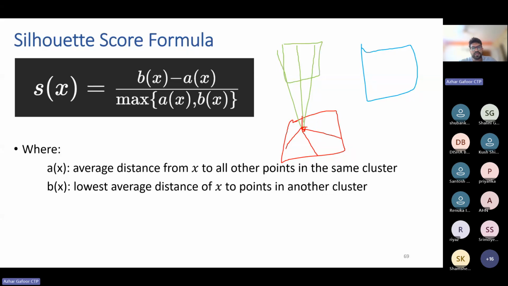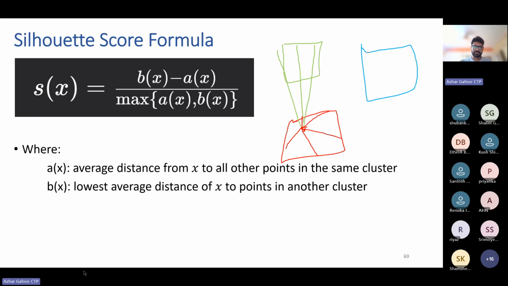So we know A is less than B in this case. So B minus A will be positive and the maximum will be B. So it's a positive number divided by B, which will be greater than 0 and close to 1. So it's a good fit.